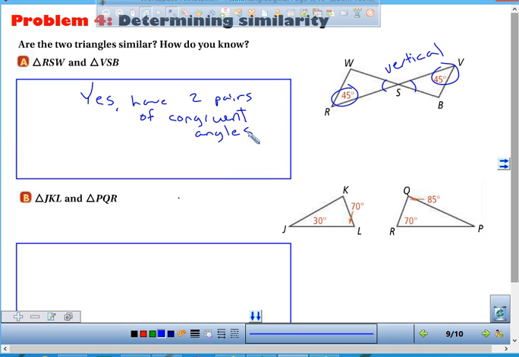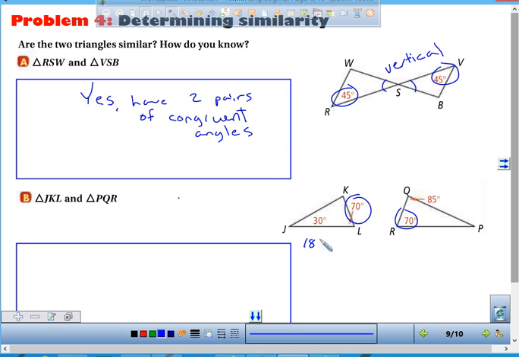Okay, the next pair of triangles, JKL and PQR. Okay, we got 70s. We got two 70s, so that's one pair. How might I find the missing angles? Add and then subtract. Okay, 70 and 30, add to what?